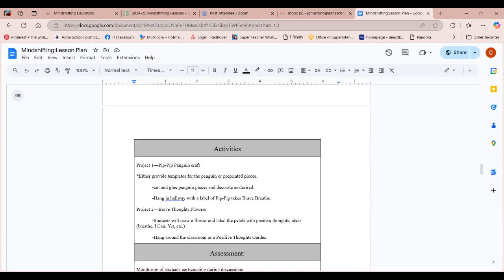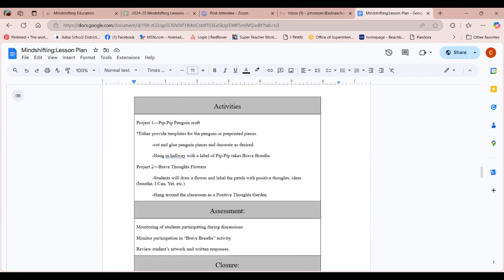I have over the years gathered quite a few stuffed animals, and so I have some penguins to bring out during this, and the kids like to play with those and retell the story with it. So you get some reading stuff in there to go with it. And there's a lot of data that shows that when we're happy, our minds are more open and we're much more able to learn.